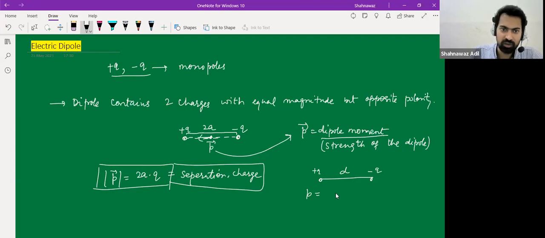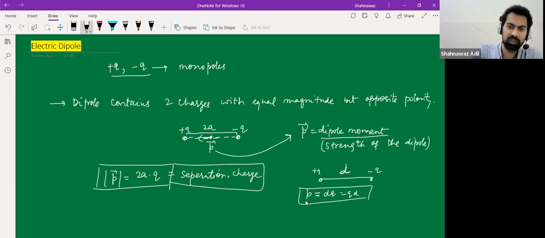D into Q, or qd, whatever it is. So this is how we define the magnitude of the dipole moment.